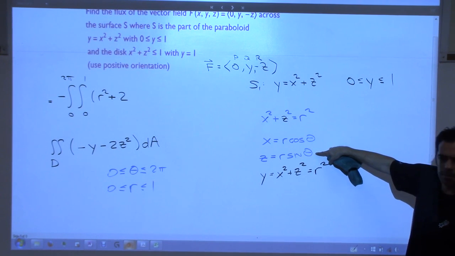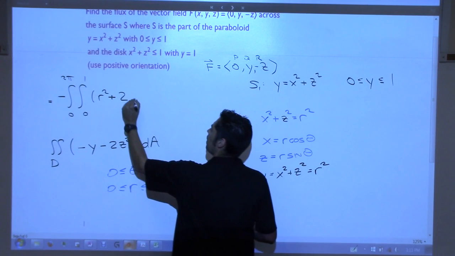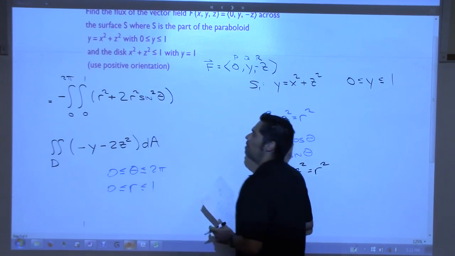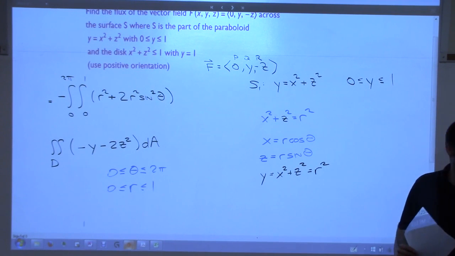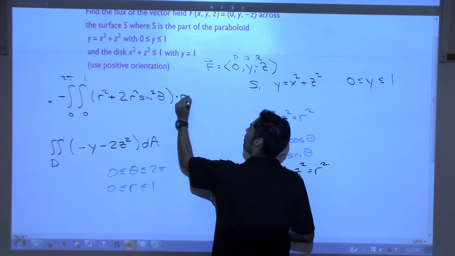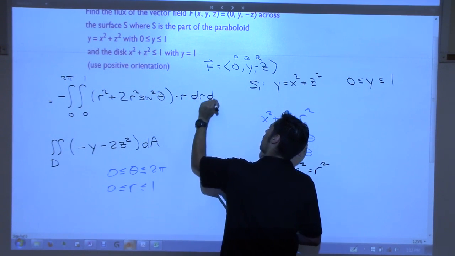Well, it's this squared, so r squared sine squared theta. And then r, we have to have r because we went polar, dr d theta.